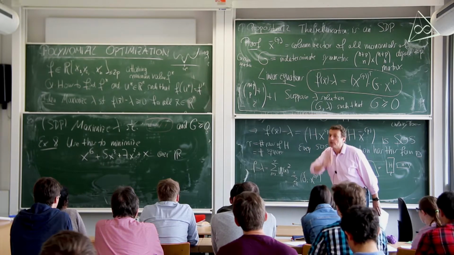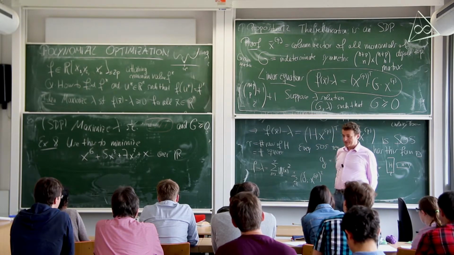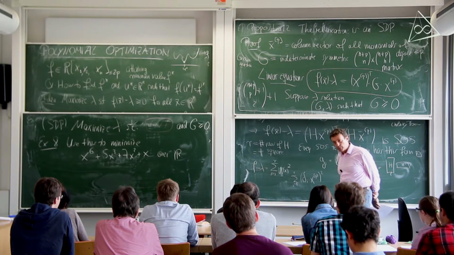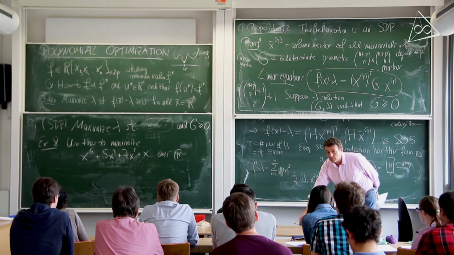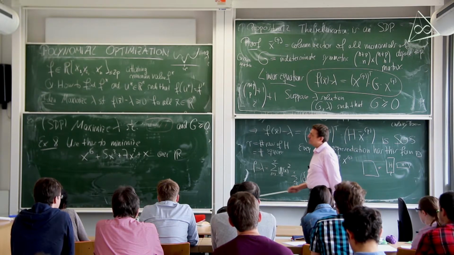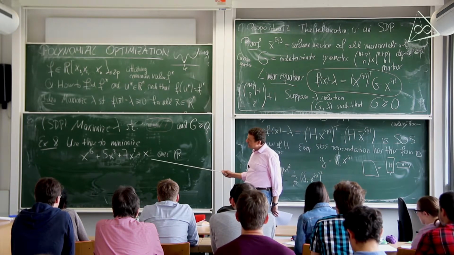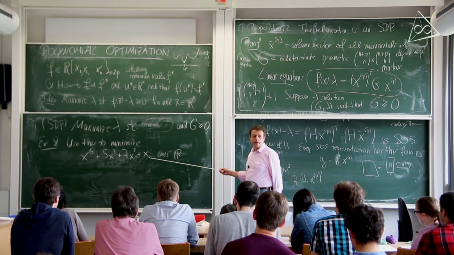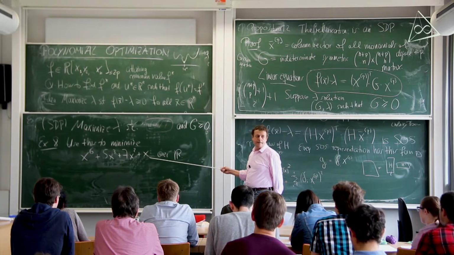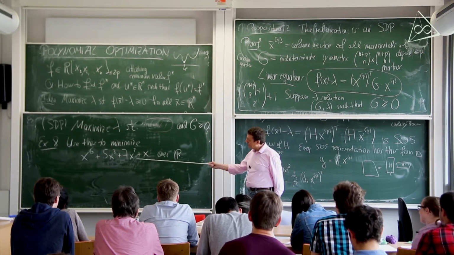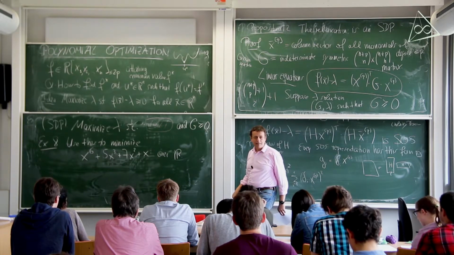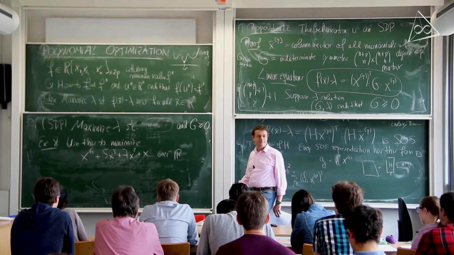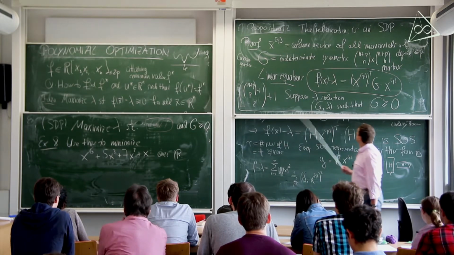You do not remember that the derivative of x to the 6th is 6x to the 5th. We do not remember that. So therefore, we will write this as a semi-definite program. We say, let's find the largest lambda such that this thing minus lambda is non-negative on the real line. That's equivalent to saying that this minus lambda is a sum of squares of cubics.